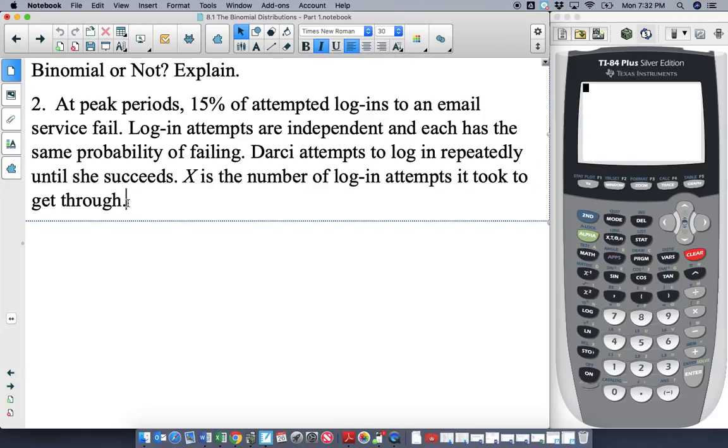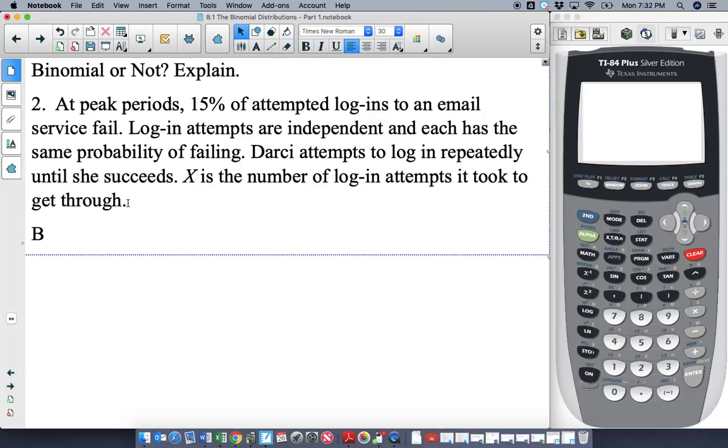So if we go through and check, our B is yes. She either fails or doesn't fail. I tried to type succeeds, but she either fails, which is a success.